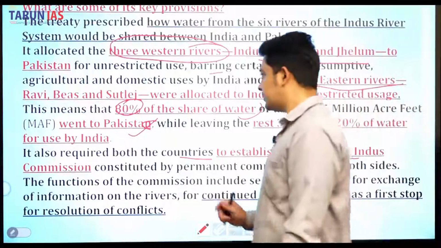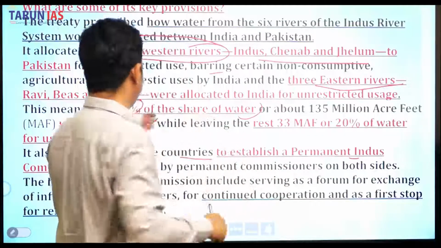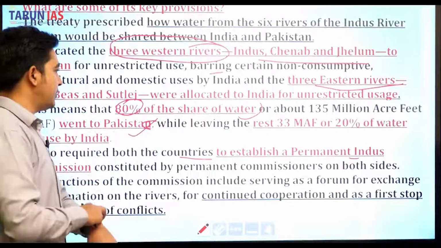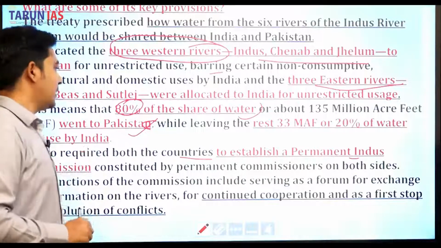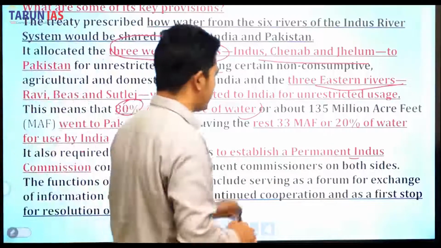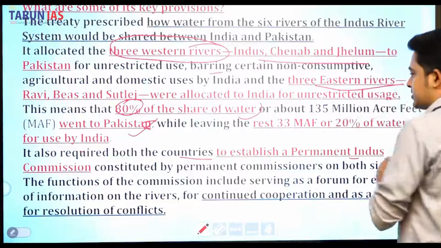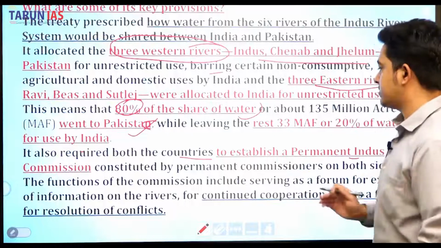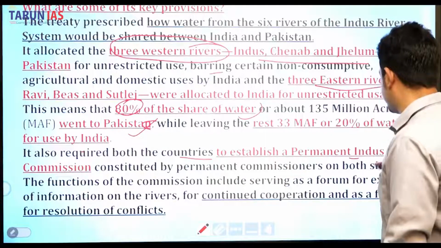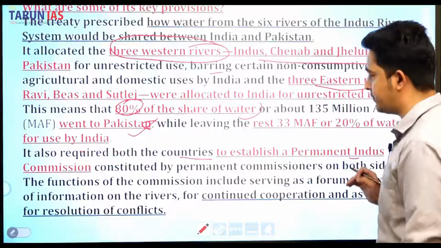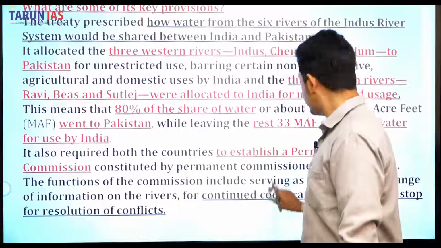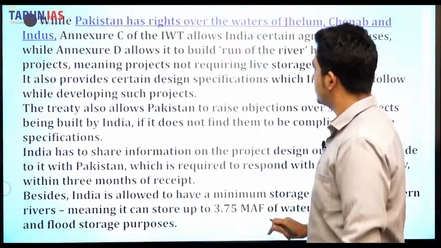So what had happened is that 80% of the water went to Pakistan, and 20% for use by India. That's why a permanent Indus Commission was established, serving as a forum for exchange of information on the rivers for continued cooperation and as a first stop for resolution of conflicts. So both of the countries had decided to follow this.